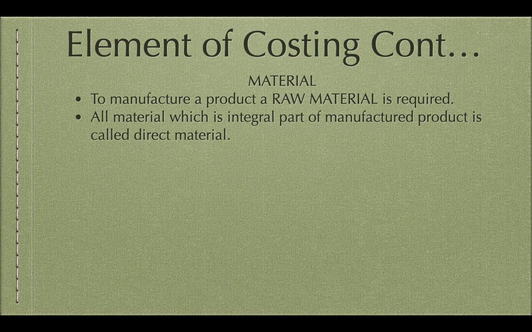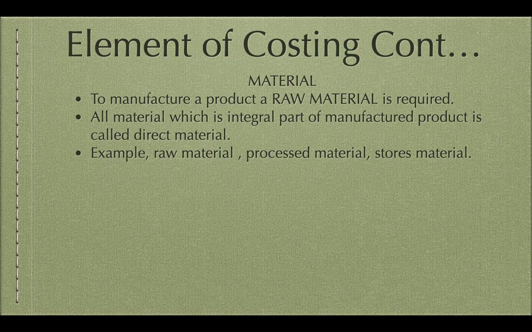Most probably we are using steel for manufacturing of a fan. So steel is the direct material which we are using for the manufacturing of a ceiling fan. As you can see in the examples, raw material, processed material, semi-finished steel, and other components you can use are the direct material.